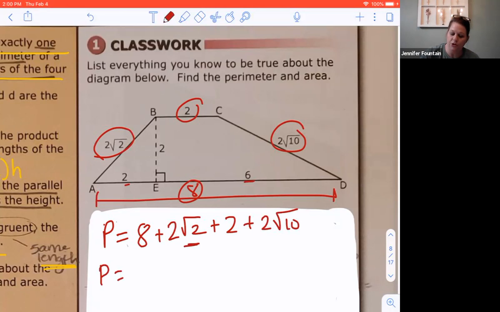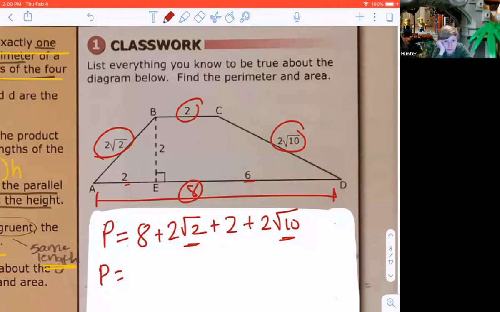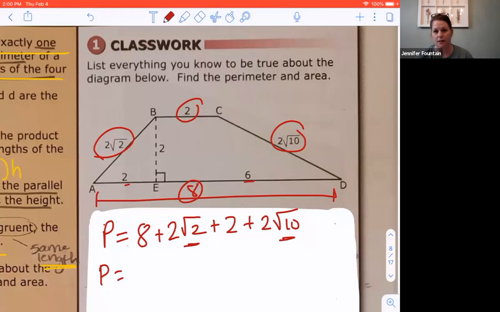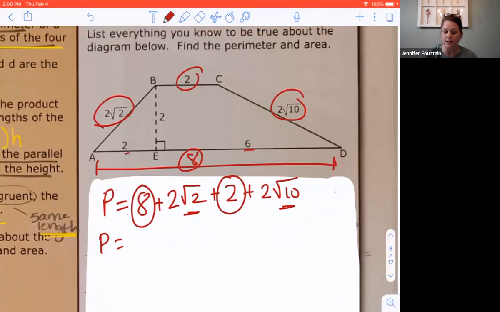The square root of 2 and the square root of 10 are not like terms. Only the square root of 2 can be added to the square root of 2. Only the square root of 10 could be added to the square root of 10. So since they are not the same, they cannot be combined, so they have to be left separated. What can be combined is 8 and 2. My numbers that are by themselves are the only ones that can be combined, and 8 plus 2 is 10. So we'll have 10 plus 2 times the square root of 2 plus 2 times the square root of 10.